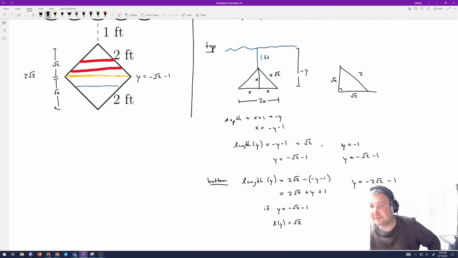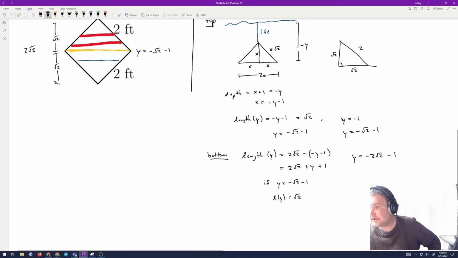So we actually need 2 of those, because that's just half of the triangle. Okay. Now let's just check if y is equal to all the way at the bottom. If y is all the way at the bottom, negative 2 root 2 minus 1. In that case, we get the length of y is equal to 0.